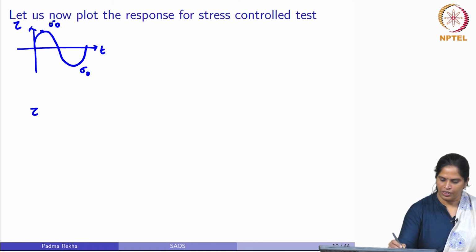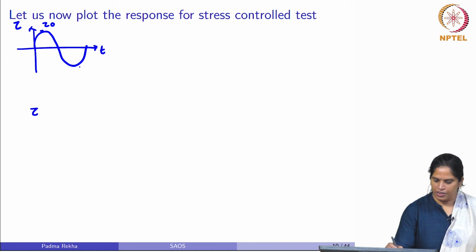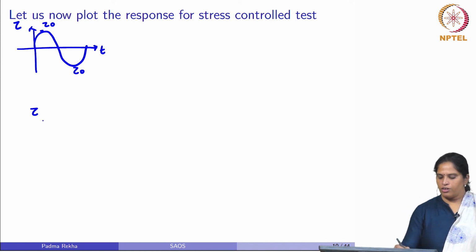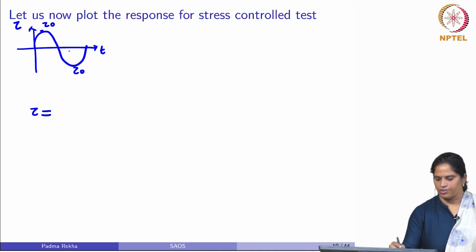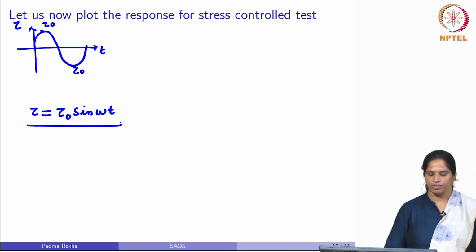We will represent it by tau, because it is a shearing. So, tau equal to, we are controlling the stress in a sinusoidal pattern with an amplitude tau naught. So, tau can be written as this expression.